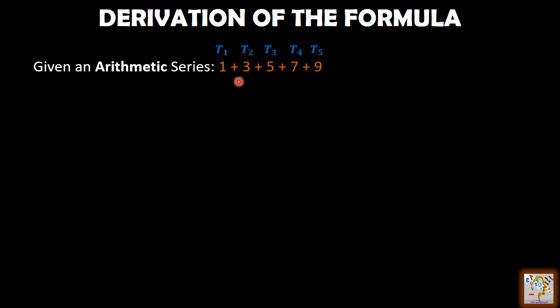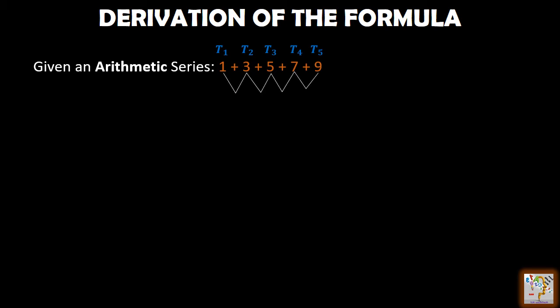Remember, this is a finite arithmetic series, because we know the first term and the last term. It doesn't continue. If it was continuing, it would have a plus and an ellipsis, 3 dots. But because it just says 1, 3, 5, 7, and 9, it is finite, it is definite. It ends. It terminates.